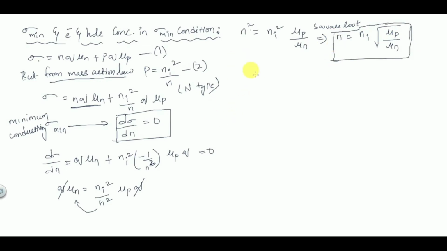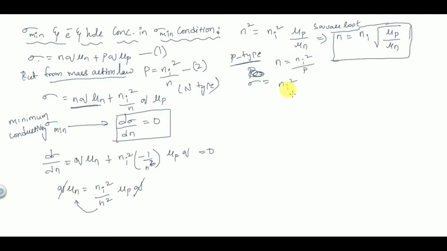Similarly, if you solve for p, that is if you consider a p-type semiconductor, where the conductivity is given by, in p-type, what is the minority carrier concentration? n is equal to ni squared by p.